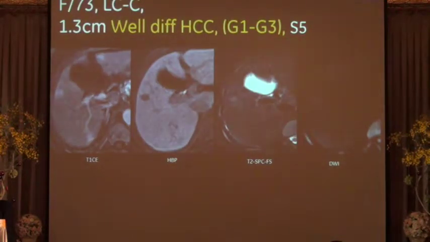Let me show you two examples. EOB MRI shows typical HCC findings with a hypovascular nodule. Conventional US shows a clearly defined nodule, grade 1. Sonazoid CEUS shows no defect in the Kupffer image due to uptake of Sonazoid by Kupffer cells in the nodule.